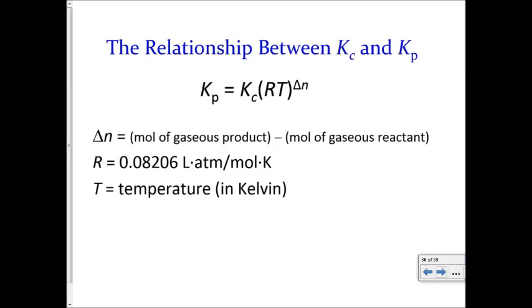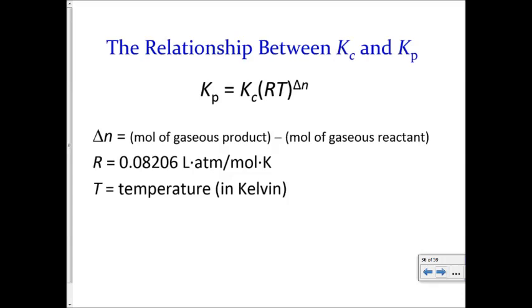So depending on how your pressure is being reported to you, and the temperature is going to be reported in Kelvin because this is derived from a gas law, so make sure you add your 273. Make sure it's in Kelvin, okay? So a nice little nifty equation to compare Kp and Kc together.